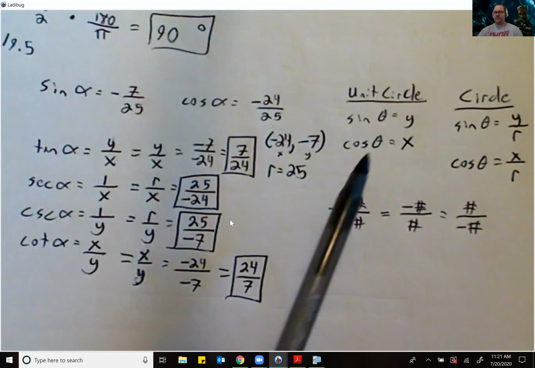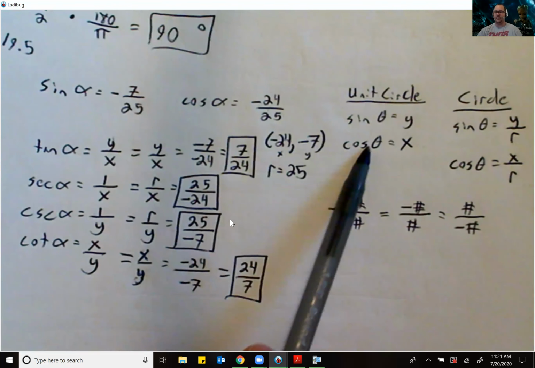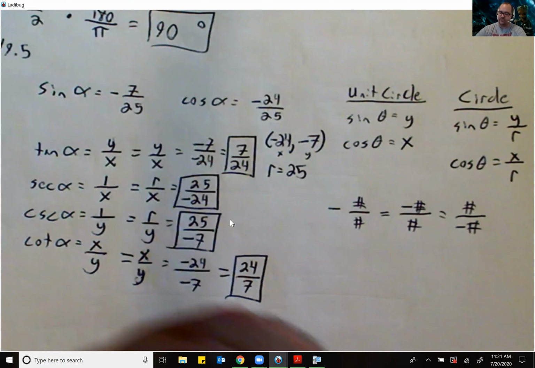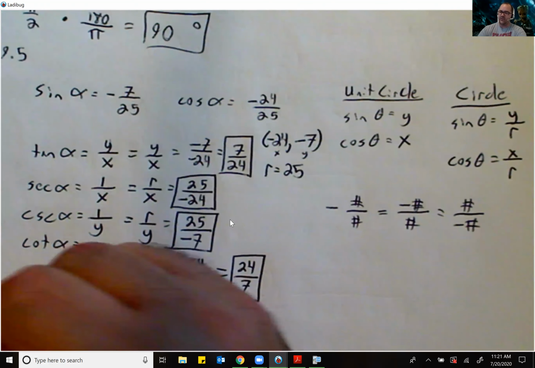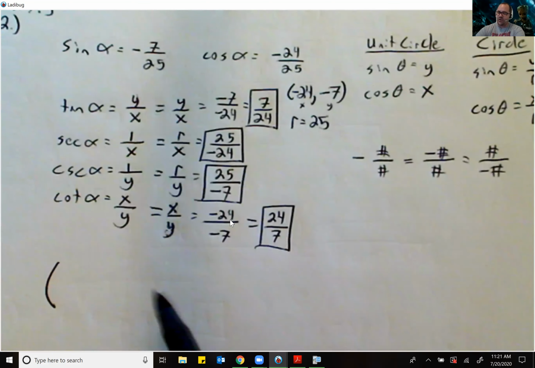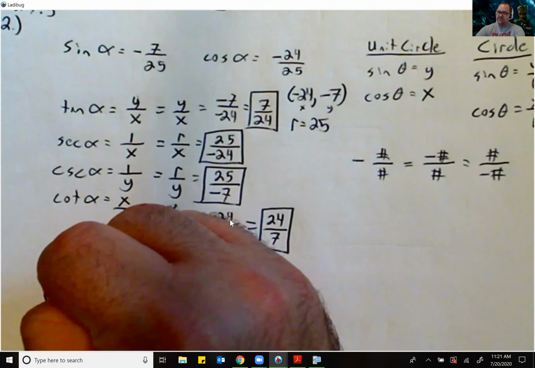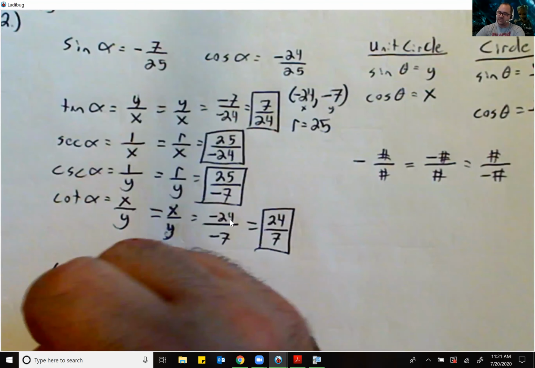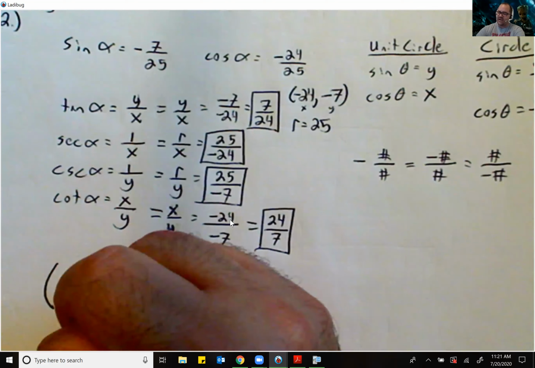If you did the unit circle, you'd have a little bit of math going on here. Let's just talk about that if we did the unit circle. So if we did the y over the x, you would have had negative 7 over 25 divided by the x value, which would be negative 24 over 25.